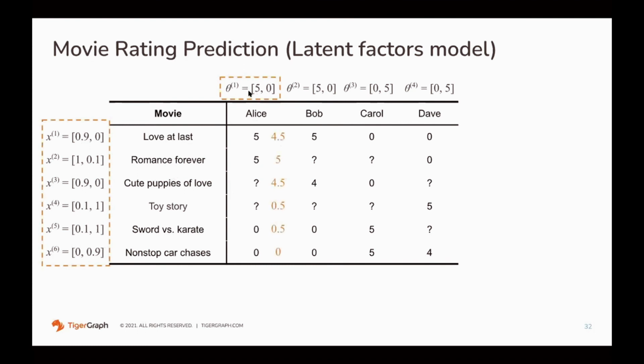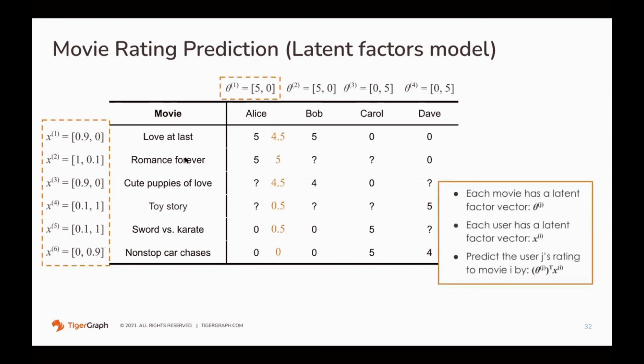When we do a dot product of this first vector 5.0 with 0.9, we get 4.5 as the prediction for Alice liking the movie Love at Last. That is a pretty close prediction. That happens similarly for all the other movies. So how that works is, we first created this latent factor vector for user and movie, and then we predicted using a dot product of these two vectors.